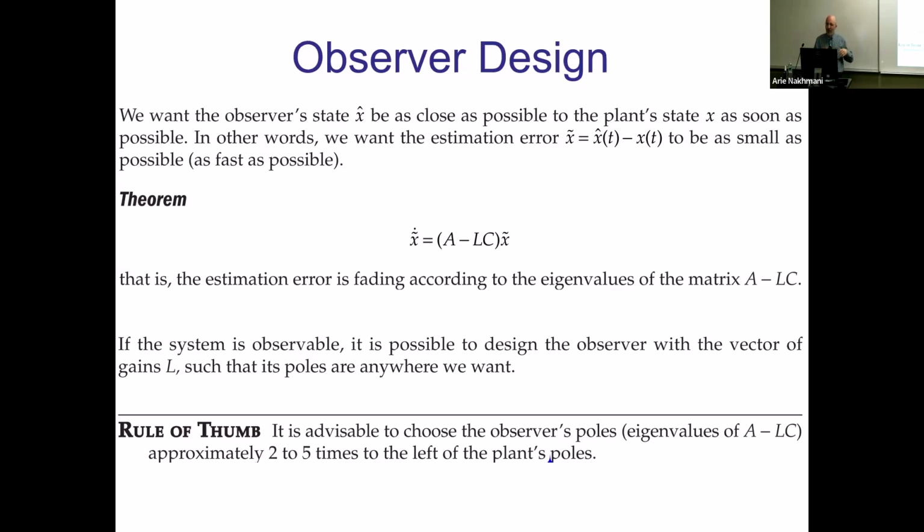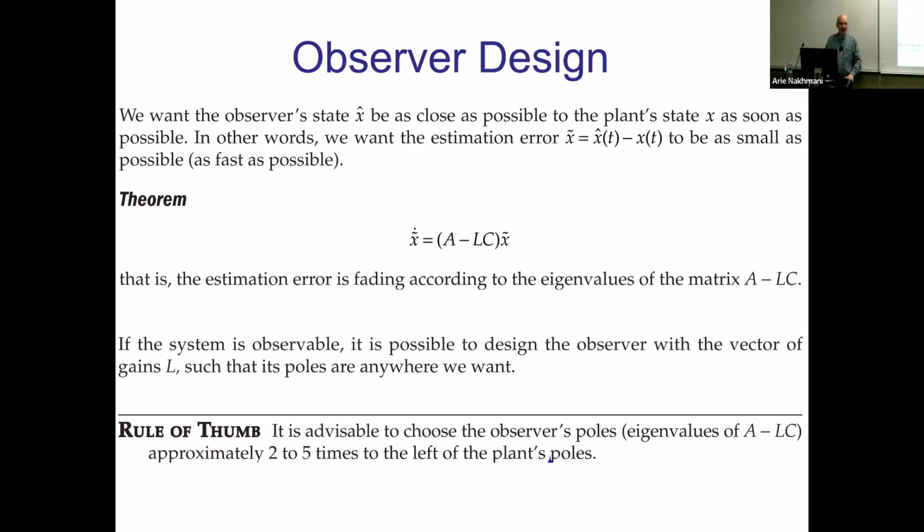Not too far away, not like a negative 1 million, but just an order of magnitude or half an order of magnitude faster, okay? In the unit circle, it means getting them closer to 0, closer to the origin; these are faster poles. But for continuous-time systems, it's farther to the left 2 to 5 times, something like that. This is how we typically design the location of observer poles.